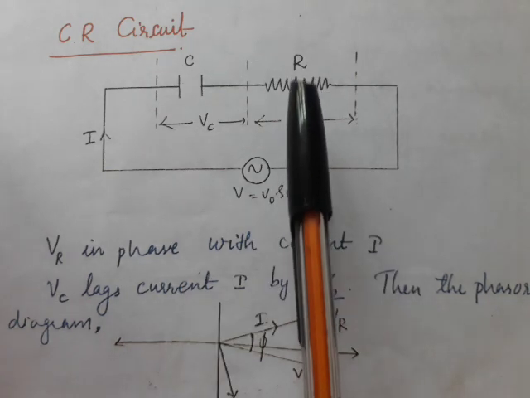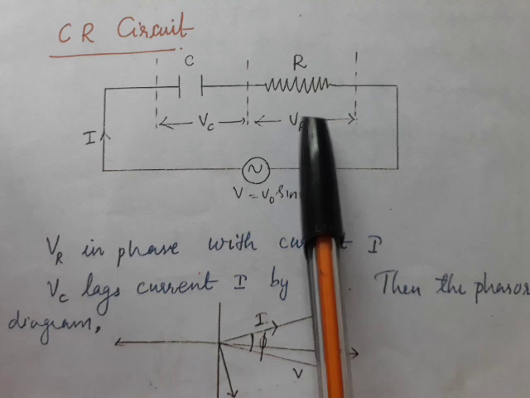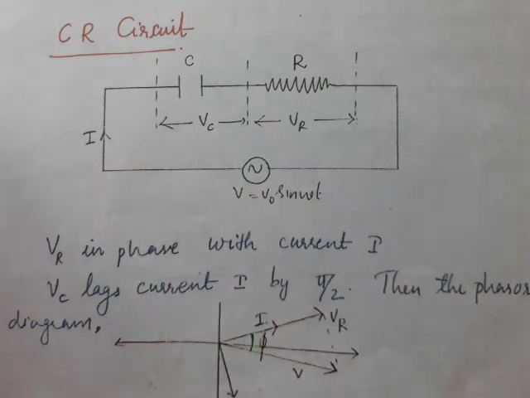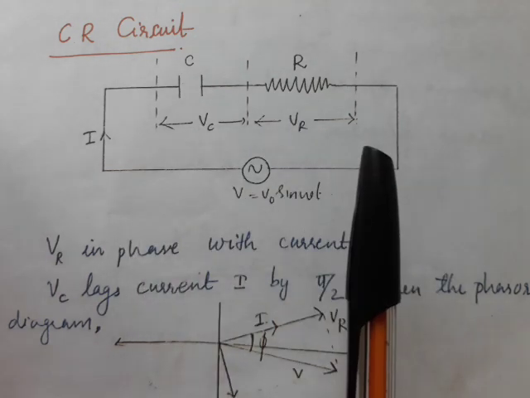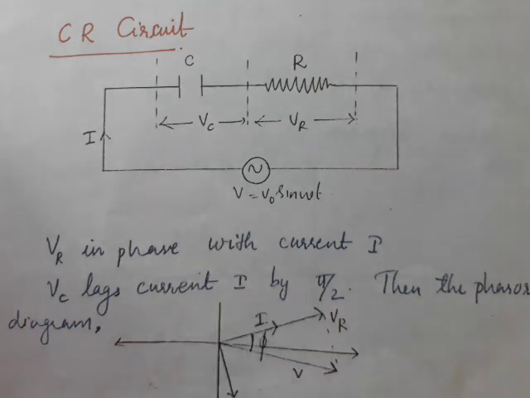We know the voltage across the resistor and the current are in phase, but in the case of a capacitor, voltage lags the current, or current leads by pi by 2. That is, if V is V0 sin omega t, I is I0 sin(omega t plus pi by 2). That is, current is a little advanced compared to the voltage across the capacitor.